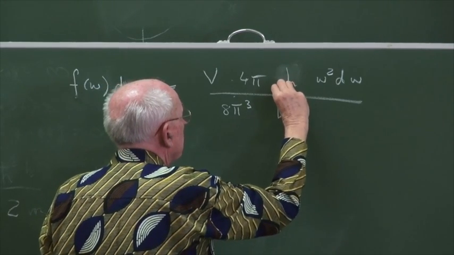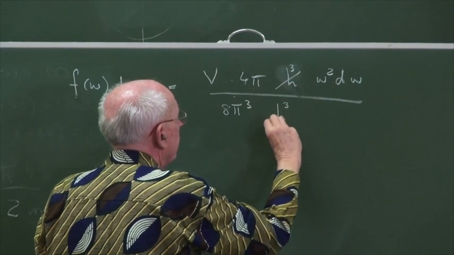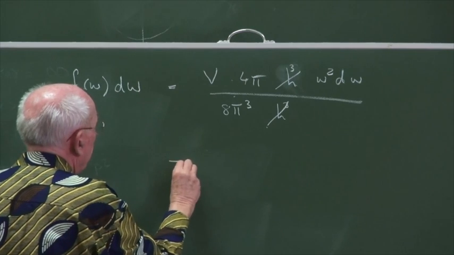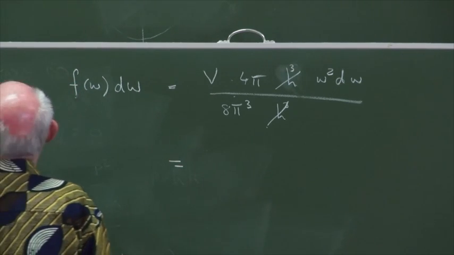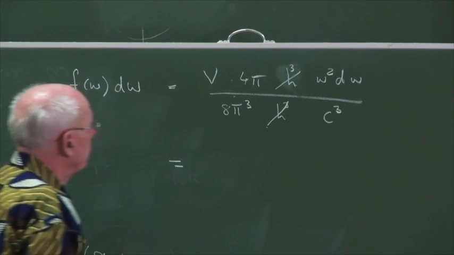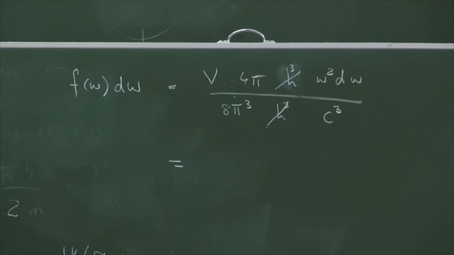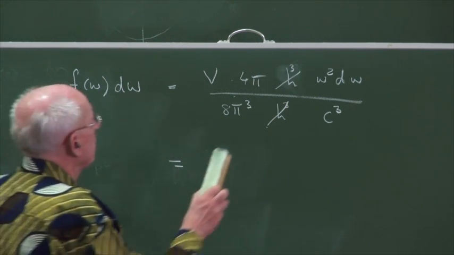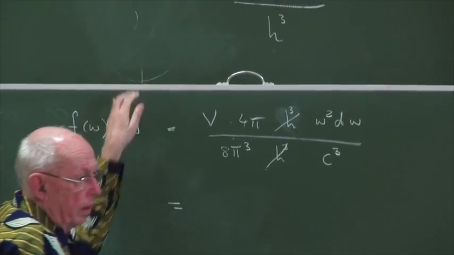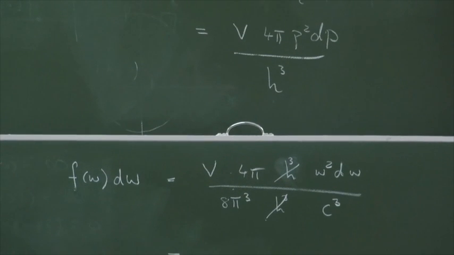And so I can cancel the third power, and I can cancel it with that one. And c cubed, okay? There's one coming from, there are two there, and there's one from there.